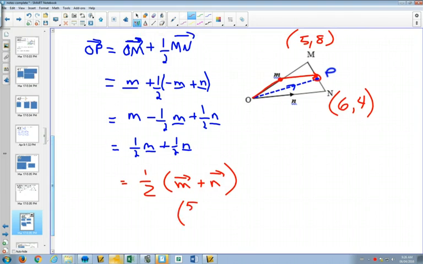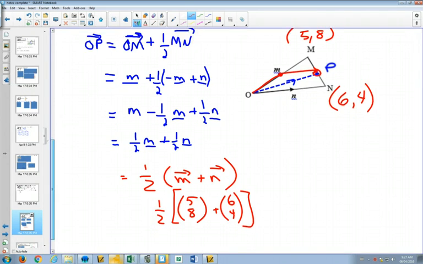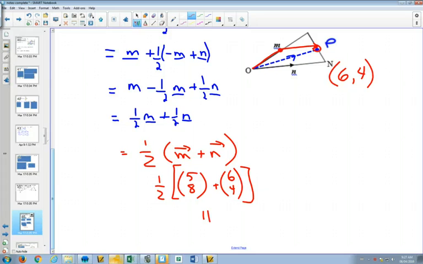So 5 in the x direction, 8 in the y direction, plus 6, 4. Can you see that that's exactly the same as your midpoint formula? Because all you're going to do is add your x coordinates together, add your y coordinates together, and multiply them by half. Oops, not a fraction. And get your midpoint.